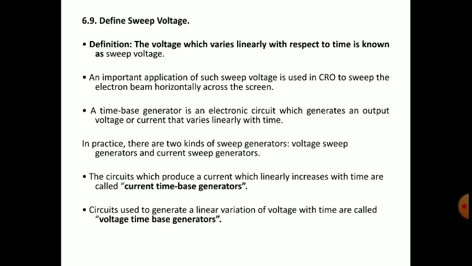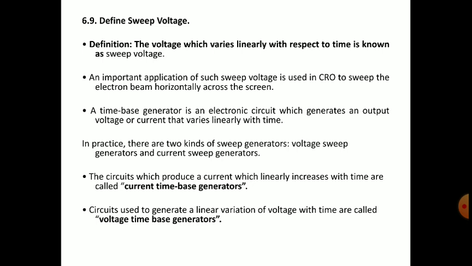An important application of such sweep voltage is in the CRO, the cathode ray oscilloscope. We use such voltages to sweep the electron beam horizontally across the screen, because the variation of time should be proportional along the axis.